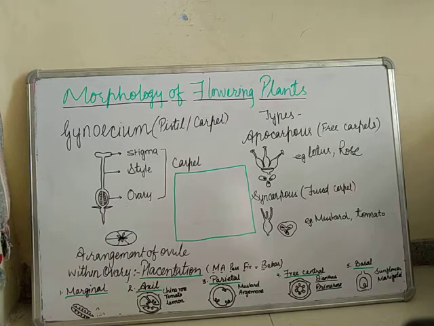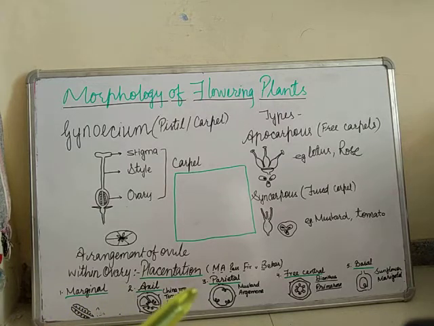Now next we are going to discuss placentation, which as we already discussed is the arrangement of the ovules within the ovary. In order to learn all the types of placentation, you can keep one formula in your mind.